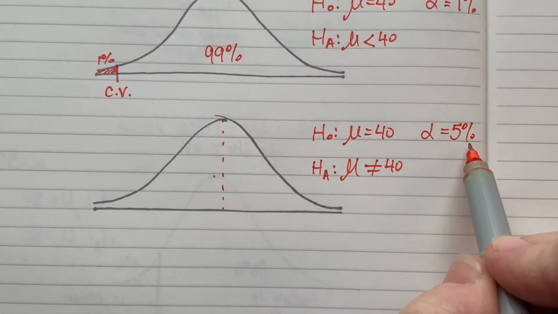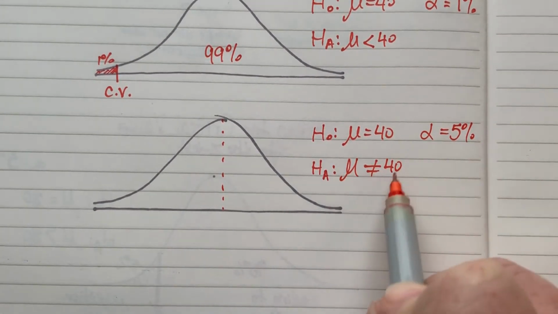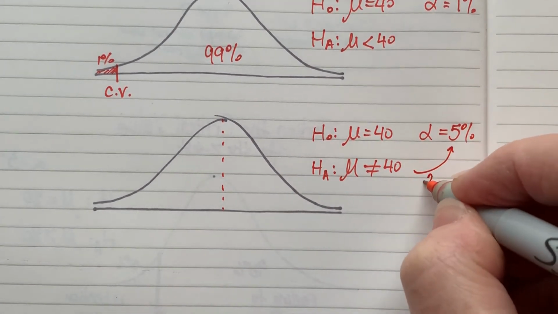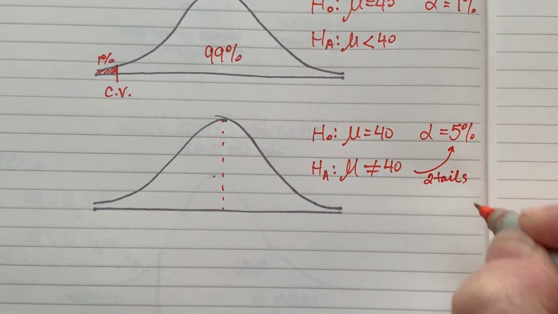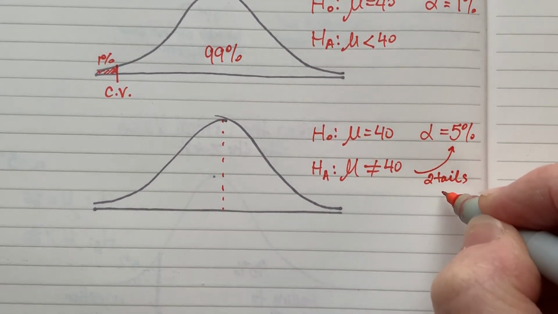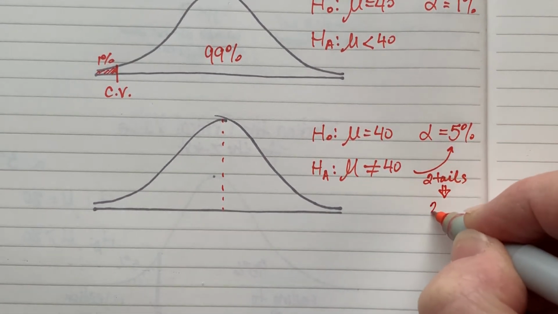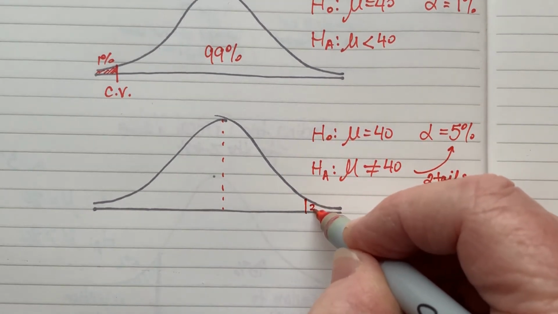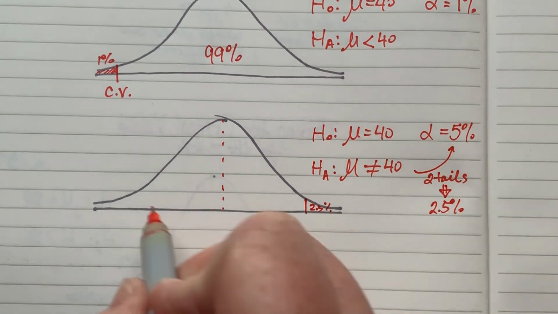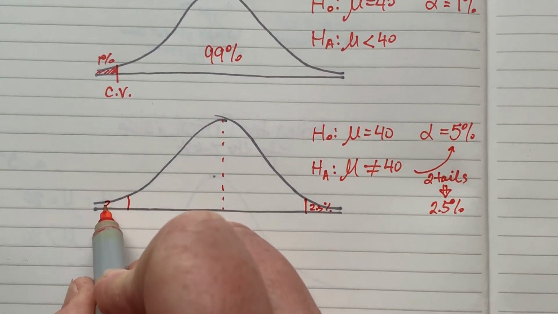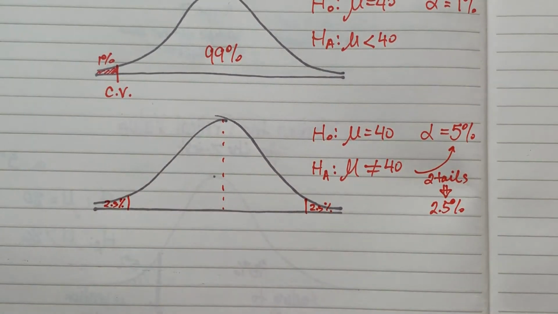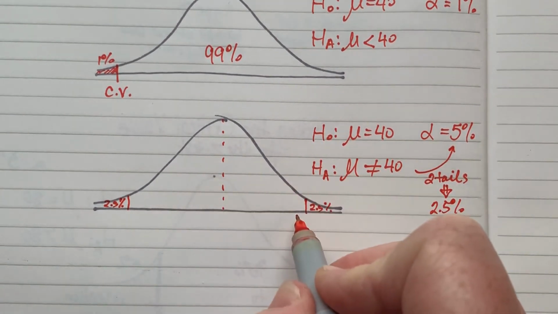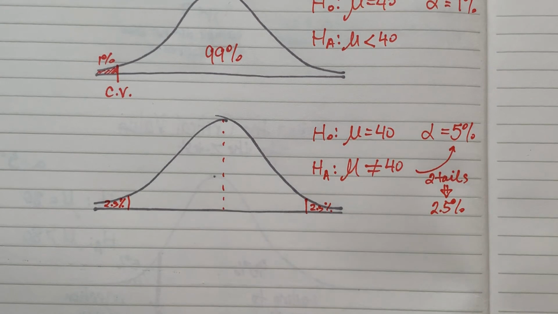If my alpha is 5% and this is not equals, then I need to break that 5% into two tails. So that means that each tail gets 2.5%. This tail gets 2.5%, and that tail also gets 2.5%. That leaves me with 95% in the middle, just like we did in confidence intervals.